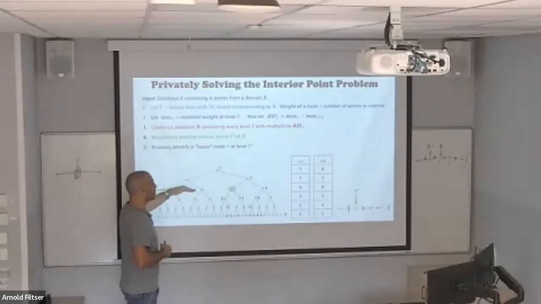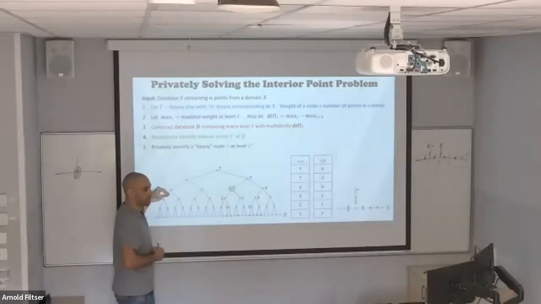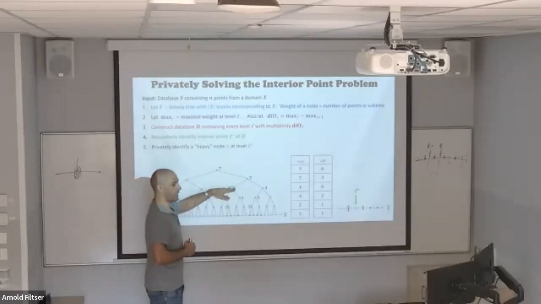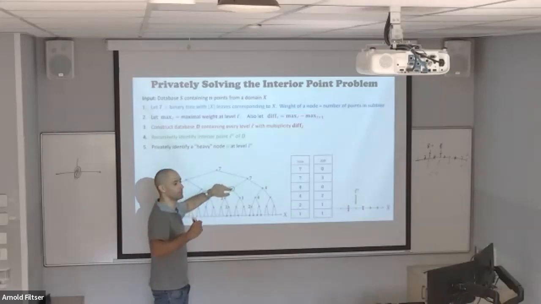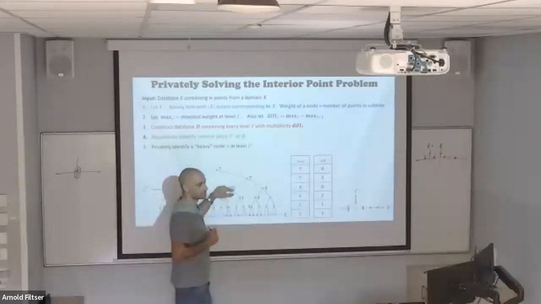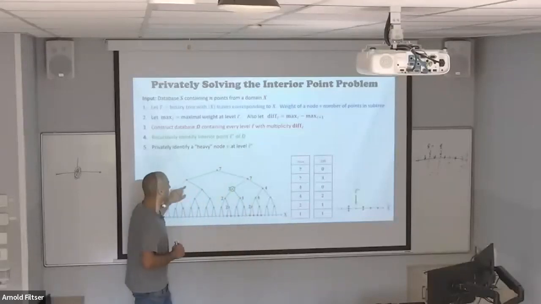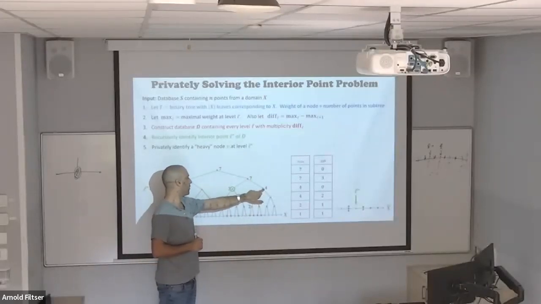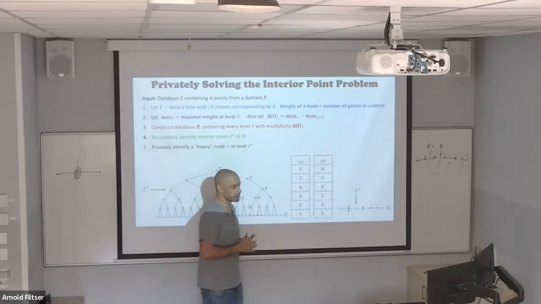So that's also true in other layers of the tree. If you have a heavy node in a specific layer, and you know the layer, you can put your finger on it. You won't necessarily get the heaviest node, but you will get a heavy node. So for example, here, the heaviest node is 4, I got 3. It's also fine.